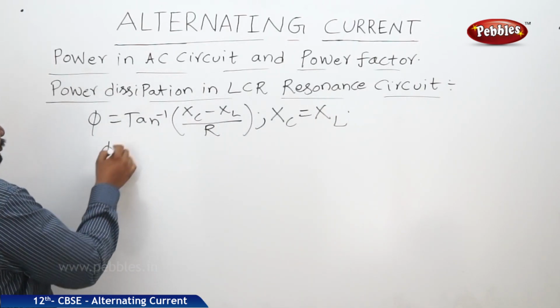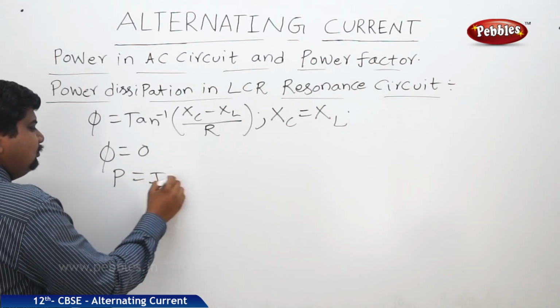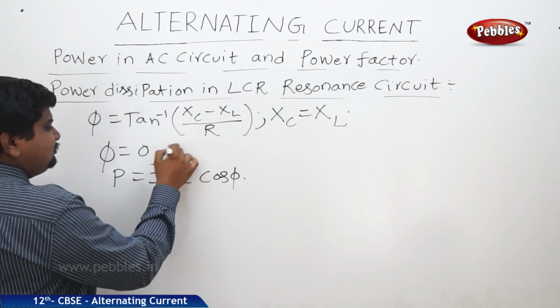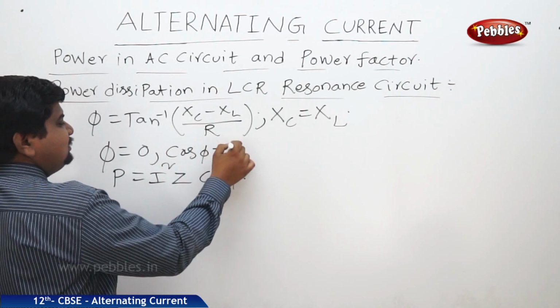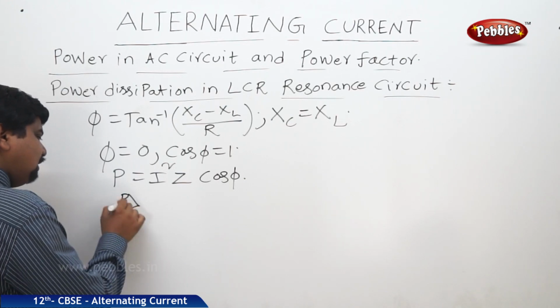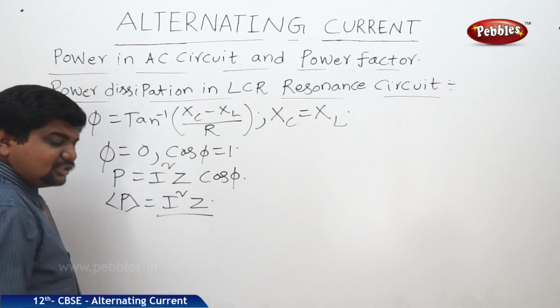That's why phi becomes 0. Therefore, P is equal to I square Z cos phi. If phi becomes 0, cos phi is 1. So here also average power P is equal to I square Z.